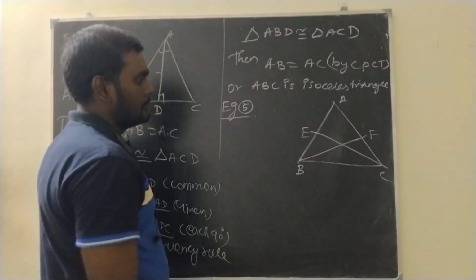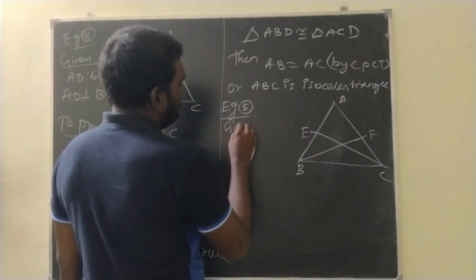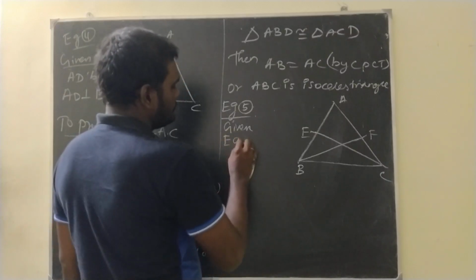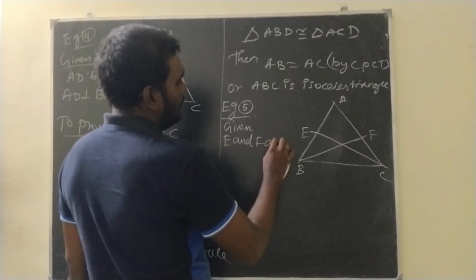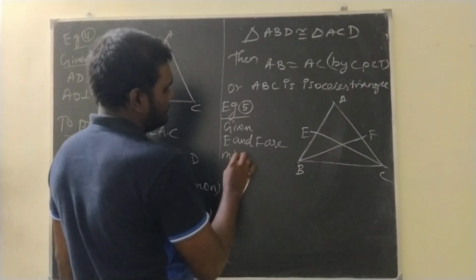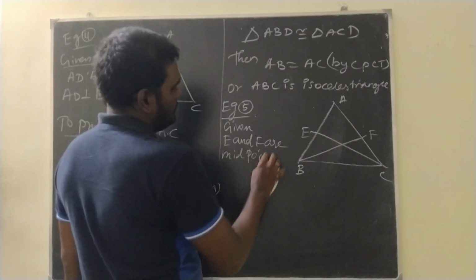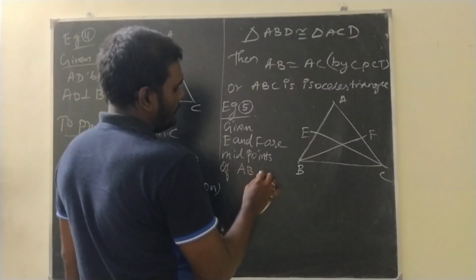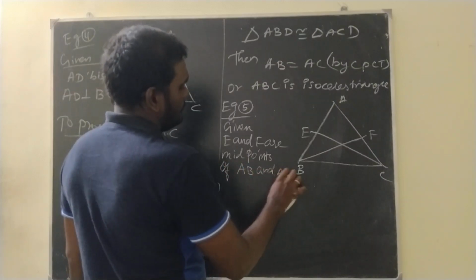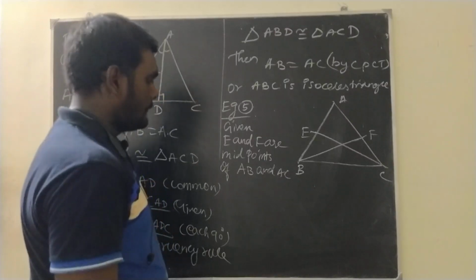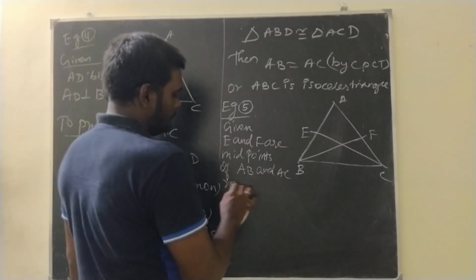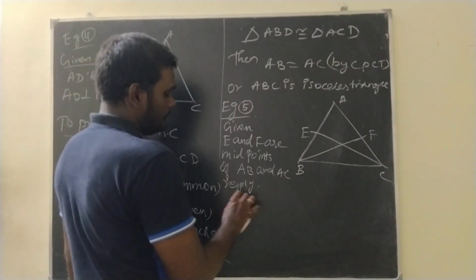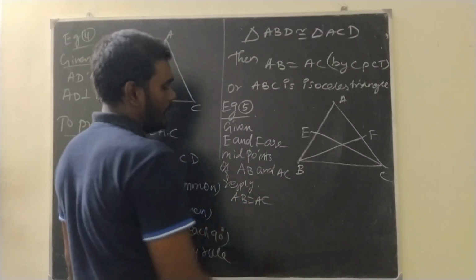We need to prove this. So, first we will write the given parts. Given: E and F are midpoints of AB and AC respectively. Also, AB equals AC is given.